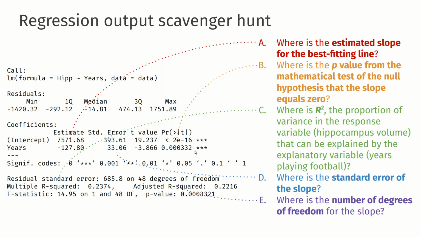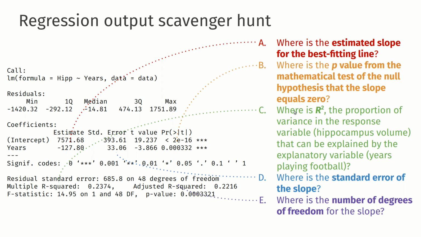Often statistical software will also give us these little stars that guide the eye toward small p-values. And we see that from the simulation, 0 out of 1,000 simulations produced a slope that was at least as extreme as what we actually had. And according to the mathematical model, that p-value is indeed 0.0003, so very, very small indeed.